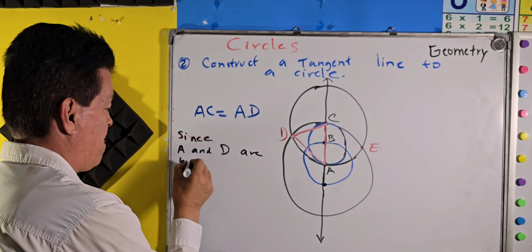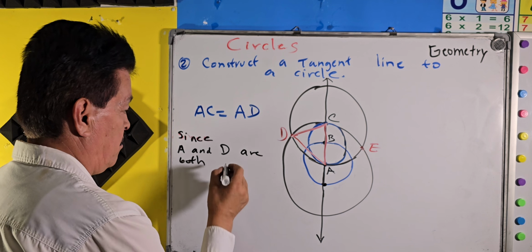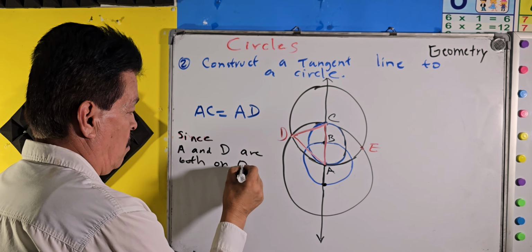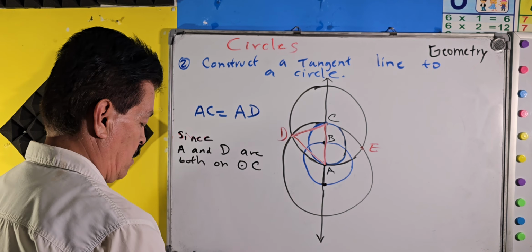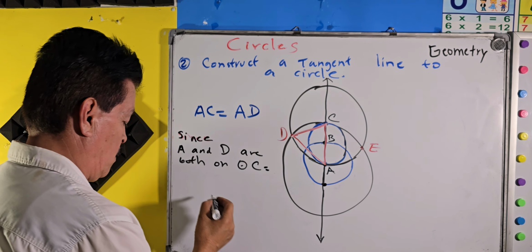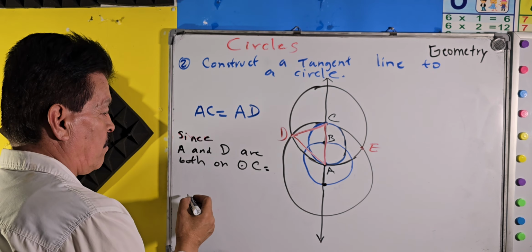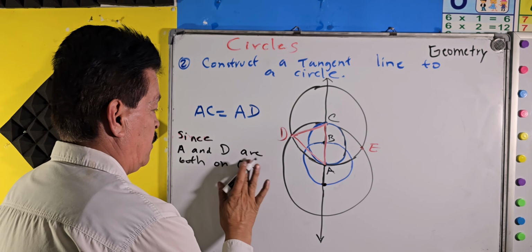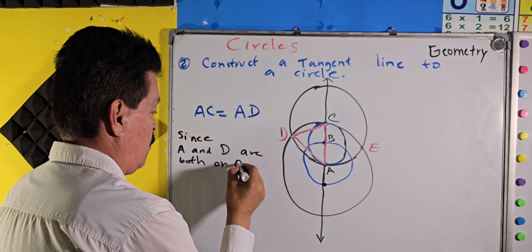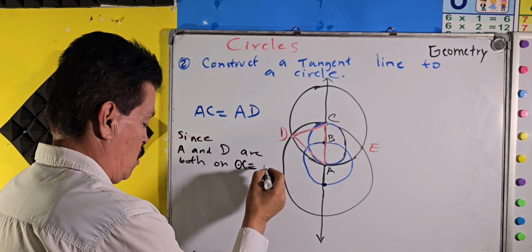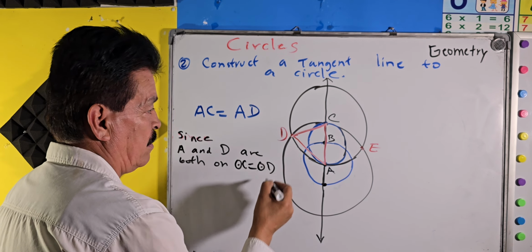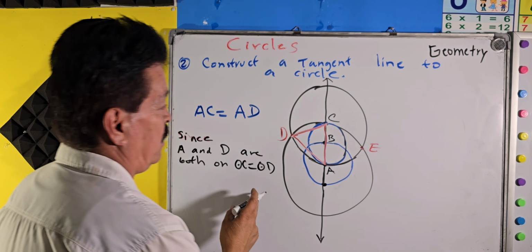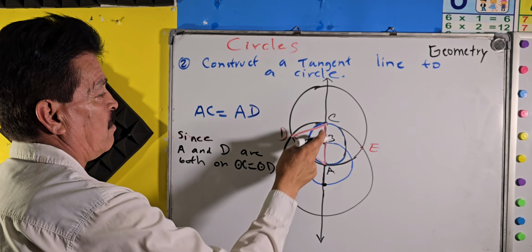Since A and D are both on OC, circle OC equals circle OD.